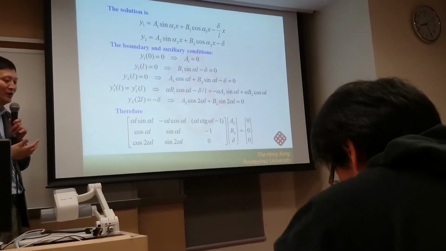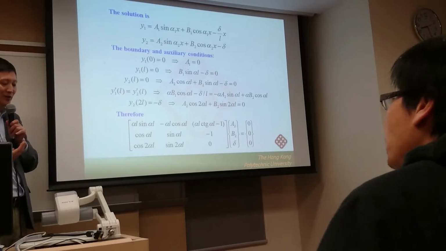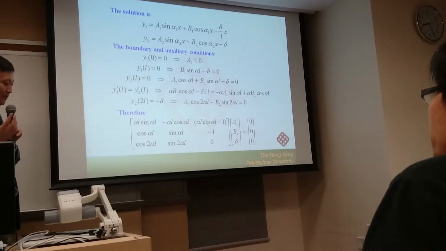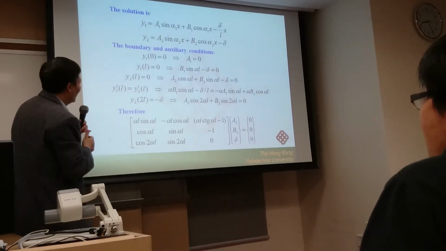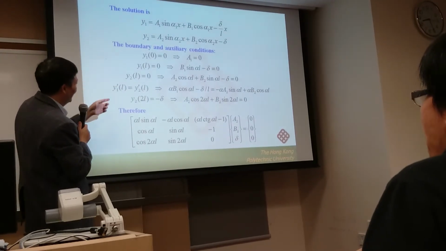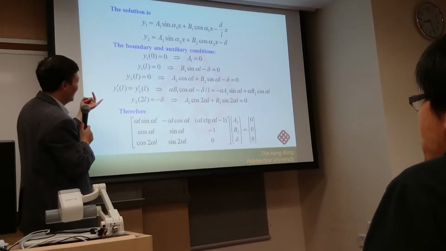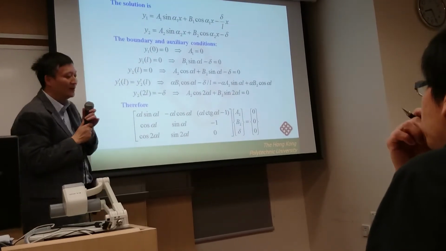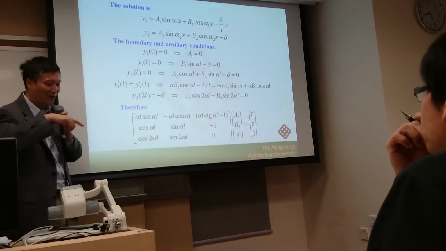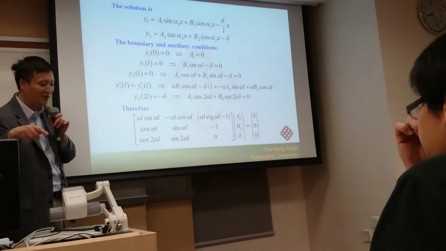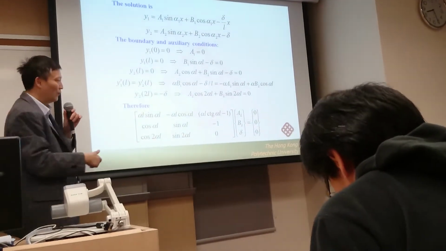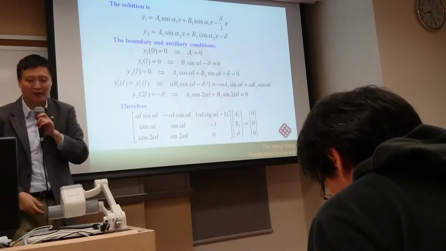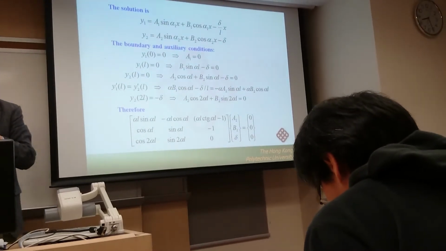If you introduce one more equation, you will make it complicated. Please understand, because we have two compatibility equations, but when you introduce these two boundary conditions, you already introduce the first compatibility equation. This is the reason I just put one compatibility equation.